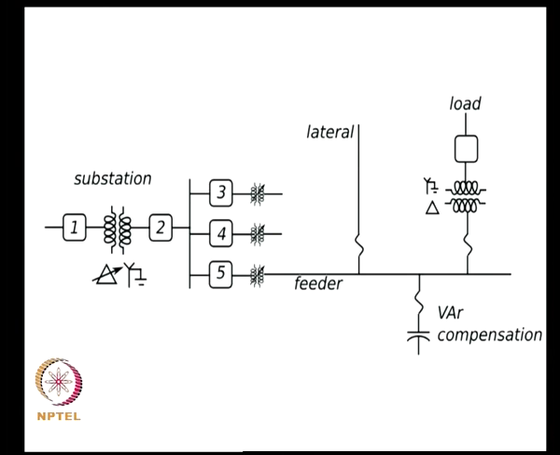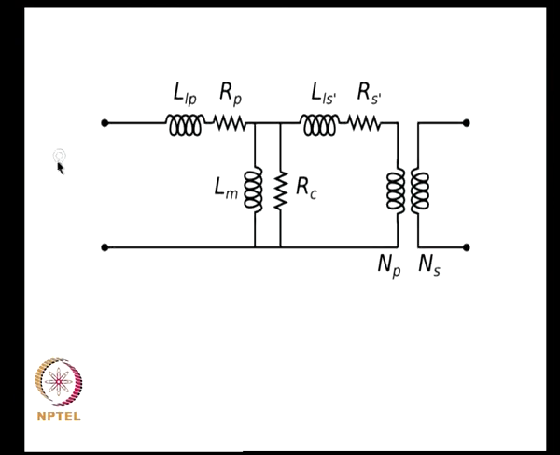If you look at the typical configuration of this system, it is radial, and you would define areas of protection for such a system.